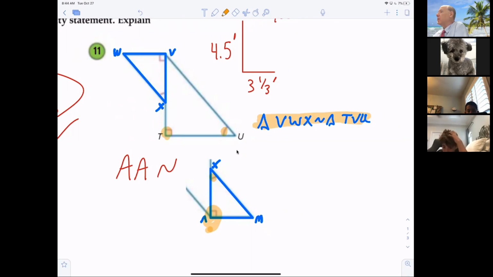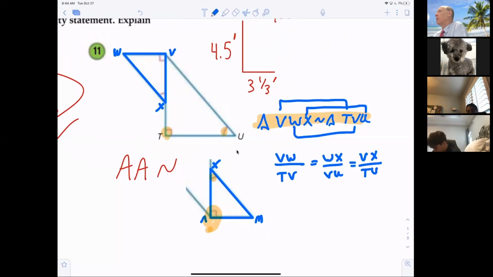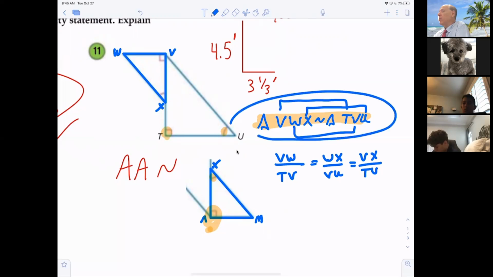Once you write it, it tells you V corresponds to T, W corresponds to U, X corresponds to V. Then you can say VW over TU is equal to WX over UV equals VX over TV. There's your proportions. I'm not looking at the triangle. I'm looking at the similarity statement to write the proportions. That's all I'm doing.